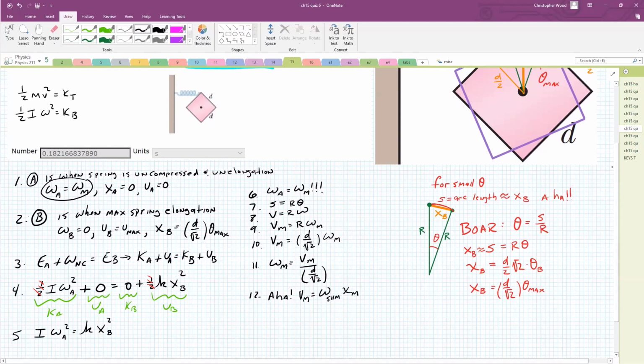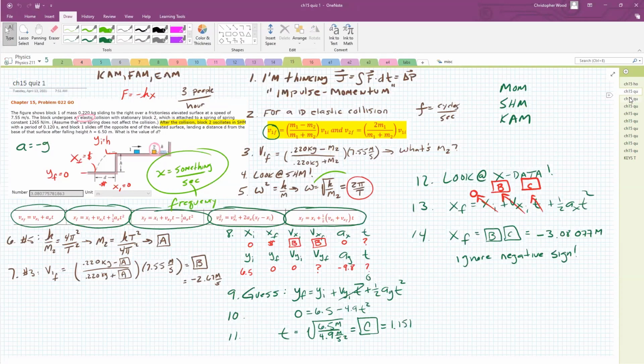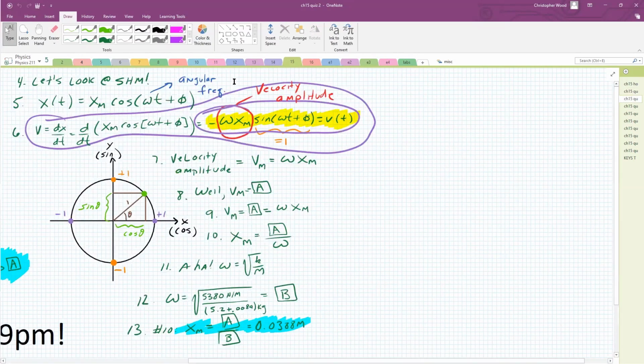This comes from back here. I just have to go back to one of these previous problems. Where's the first time I blurted out maximum? Right here, for example. So there's maximum, and I went into the deep dive about where this comes from. So hopefully that sunk in. But my velocity amplitude is omega x sub m.